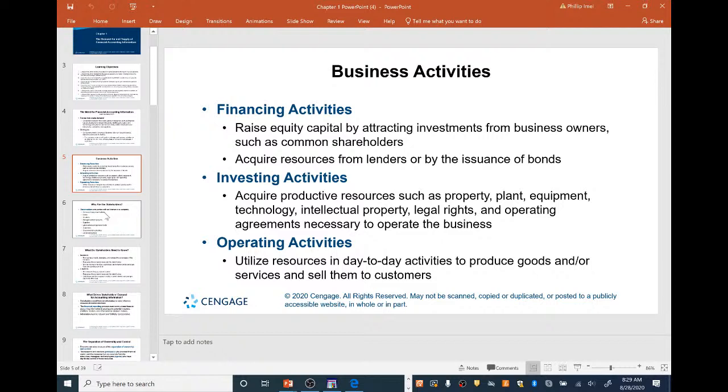Okay, and that'll be A. Part B will be which statement can this information be found? So which financial statement can?